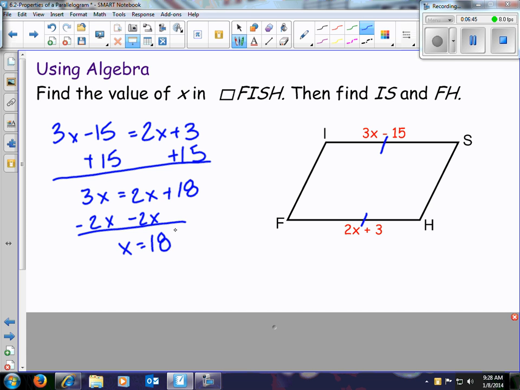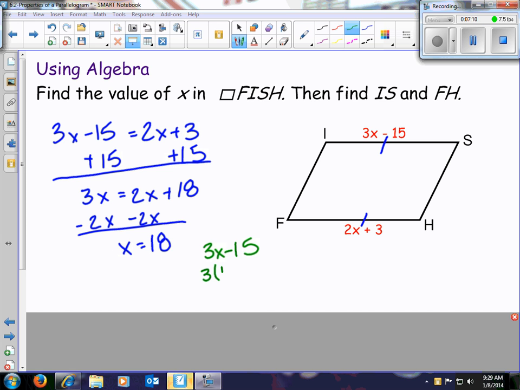Now this is awesome, but we haven't quite finished the problem yet. I haven't finished the problem because it says then find IS and FH. So I need to figure out what the length of this segment is. So all I'm going to do is take my 3x minus 15, and plug in my x value, which was 18.